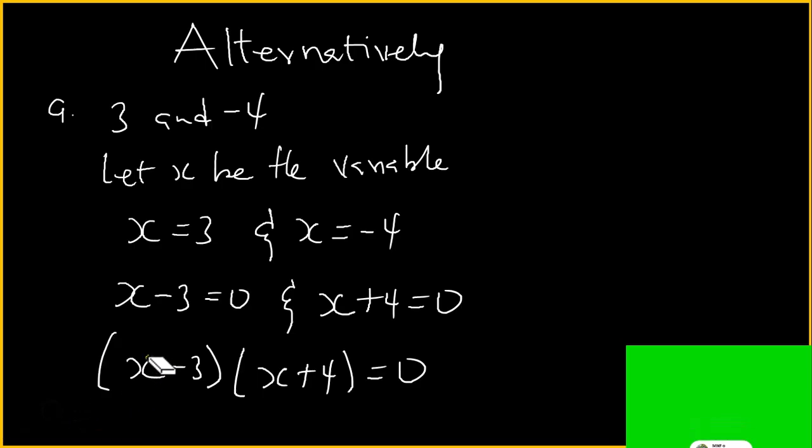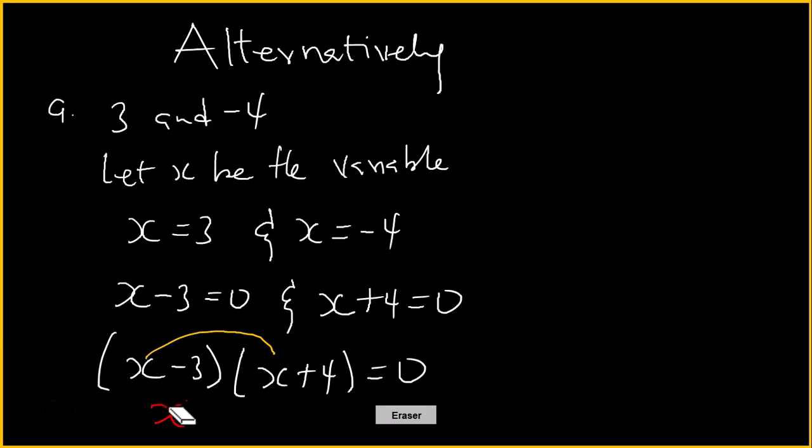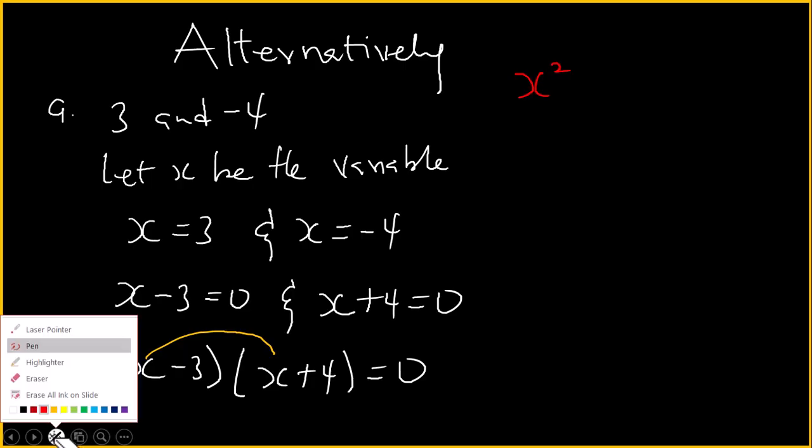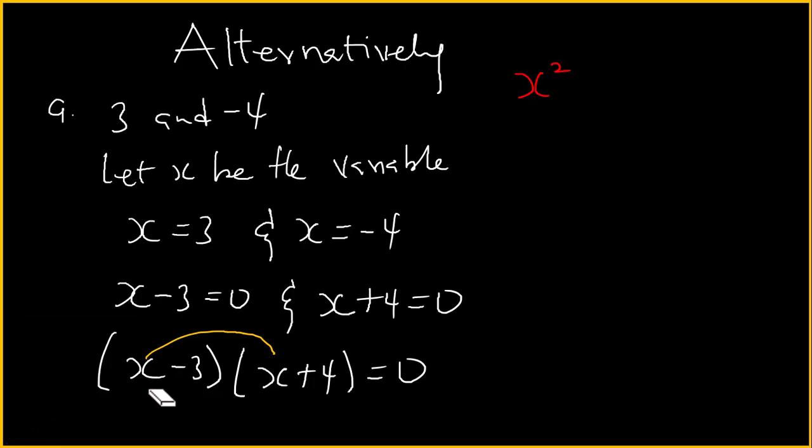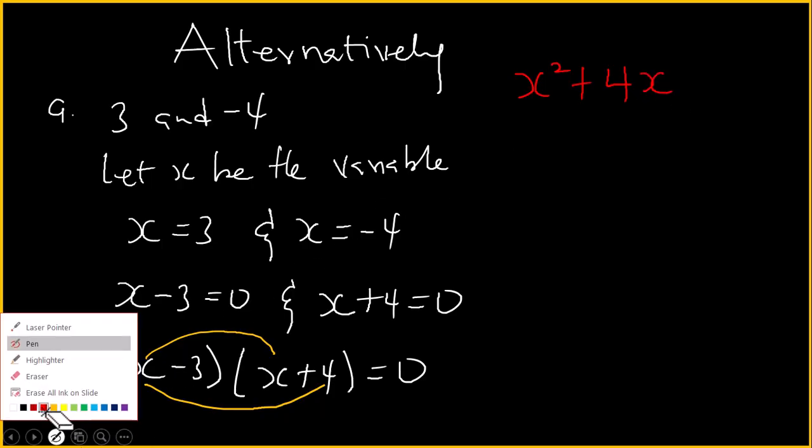x by x gives us x squared, x by 4 gives us plus 4x. So we are exhausted with it.